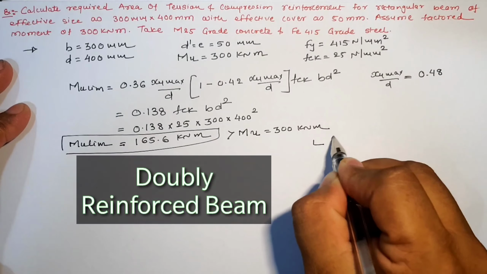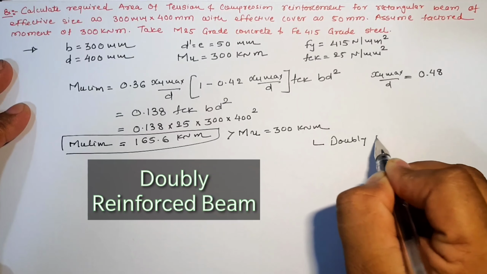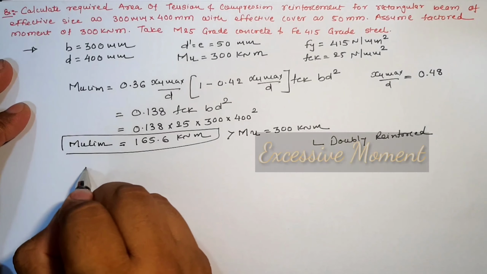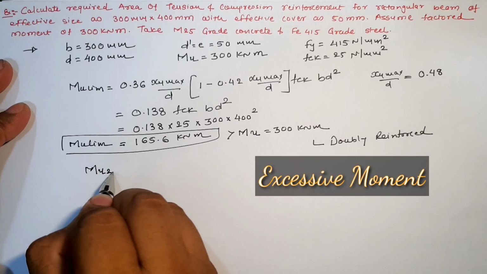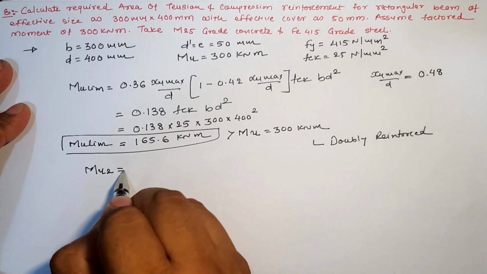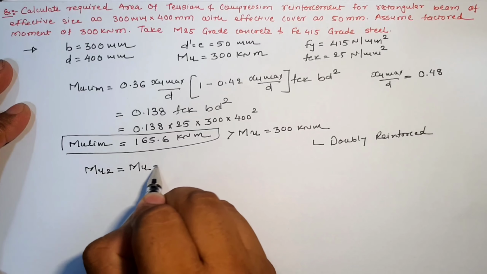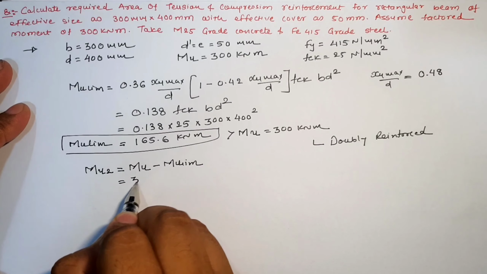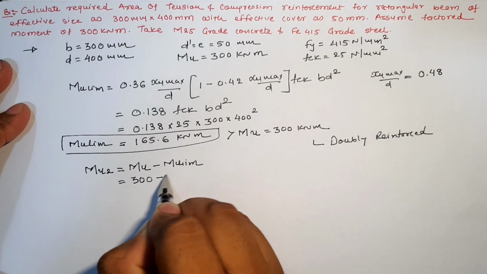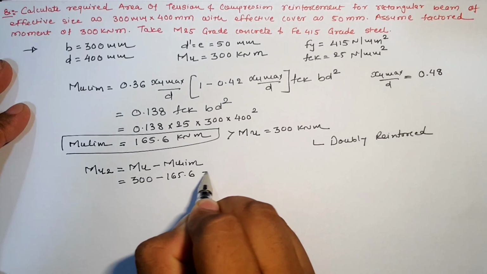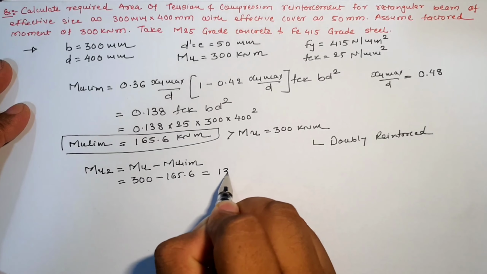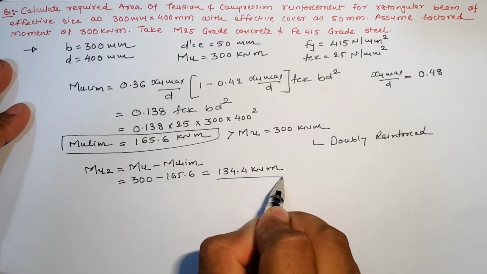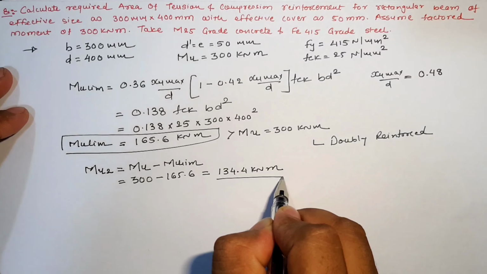It means that it is a doubly reinforced beam. So the extra moment, it means the compressive moment, is overall factored moment minus limiting moment. Hence our compressive moment is 134.4 kilonewton meter, for which we have to calculate the value of Asc.